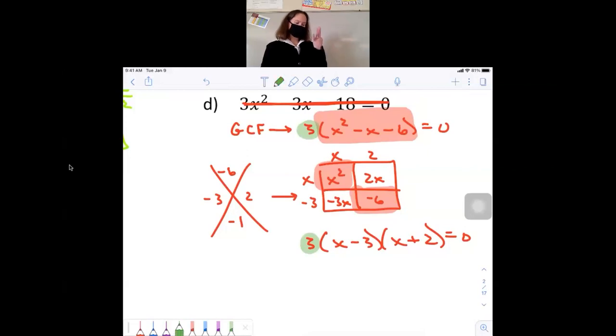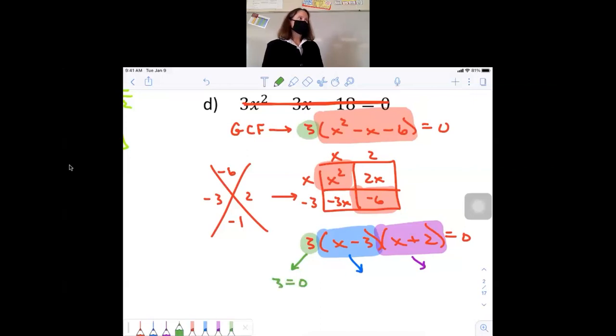So I would have 3, and then in parentheses, x minus 3 and x plus 2. Now, technically, I am multiplying 3 things here. I am multiplying 3, this x minus 3, and x plus 2.